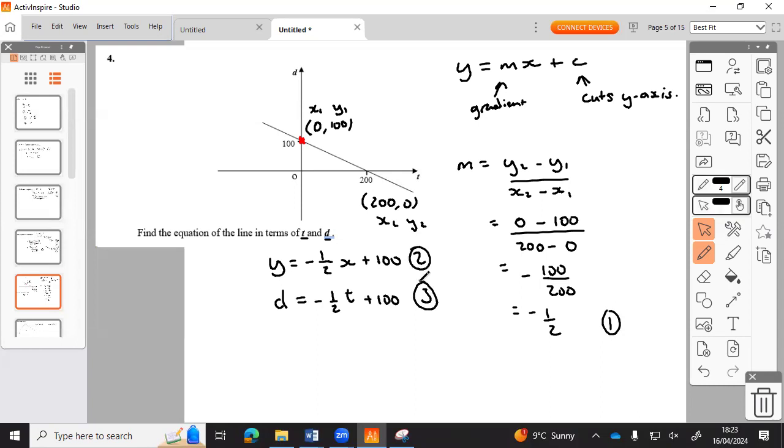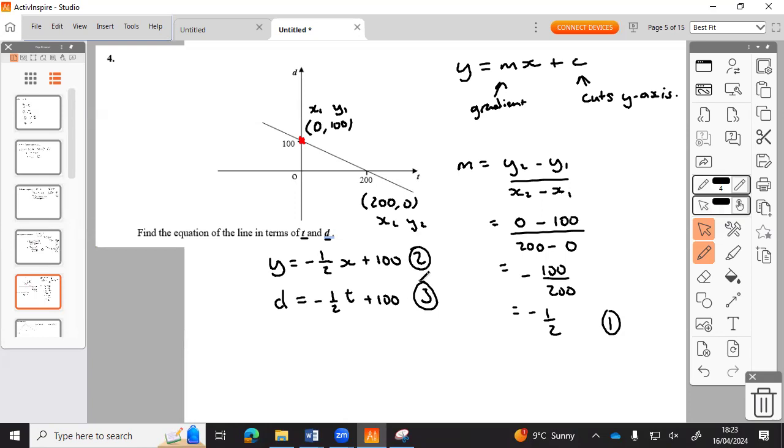Your second mark is for knowing where it cuts the y-axis, which is given to us.